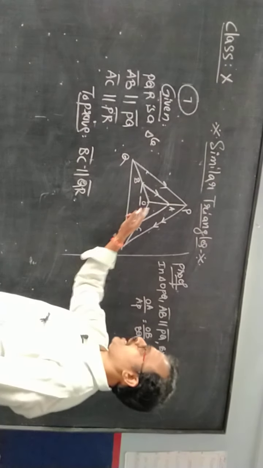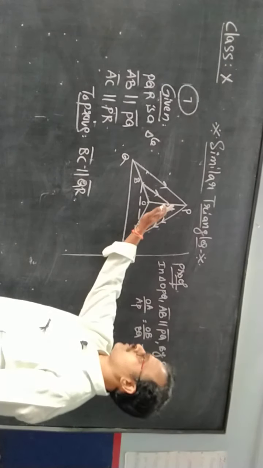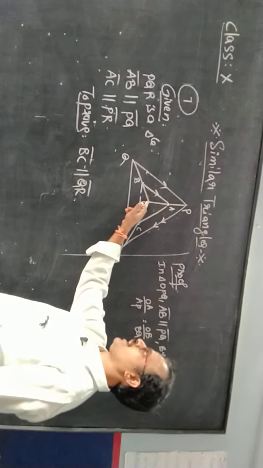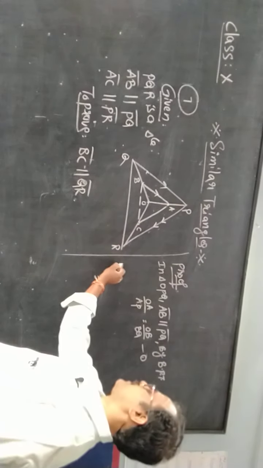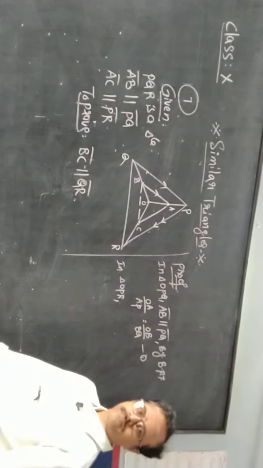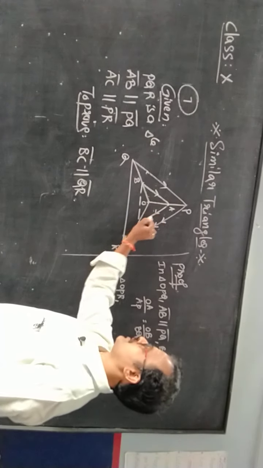Similarly, we go to the other part, that is AC parallel to PR. Where do you observe AC parallel to PR? In which triangle? The triangle is OPR. So in triangle OPR, you can observe that AC is parallel to PR, isn't it?